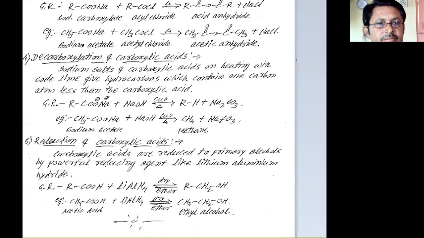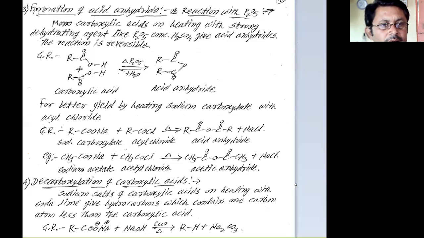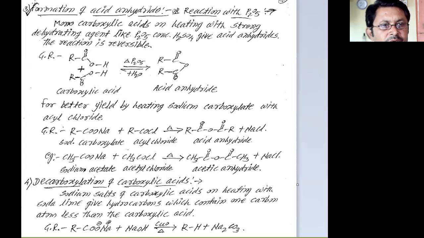And the next chemical property is formation of acid anhydride, or a reaction with P2O5 in the presence of concentrated sulfuric acid.